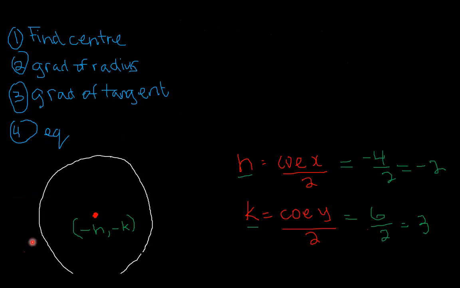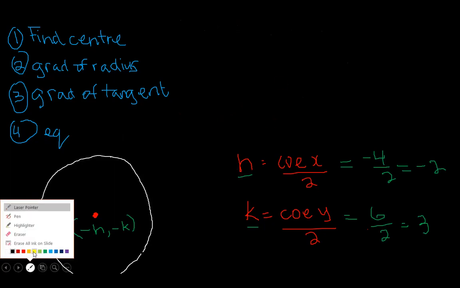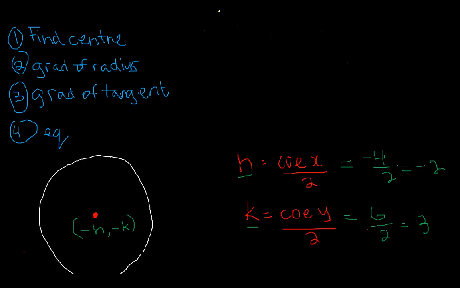Now we have h. Let me write it out. H is equal to minus 2. We know now that k is equal to 3. However, looking at this, we know that the coordinates of the center is minus h and minus k, not h and k.